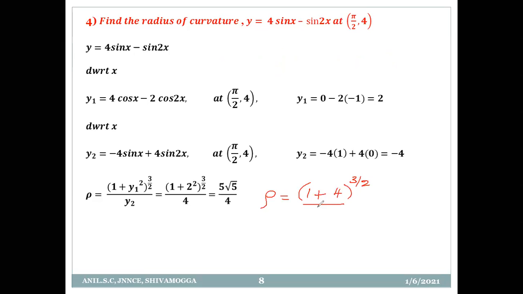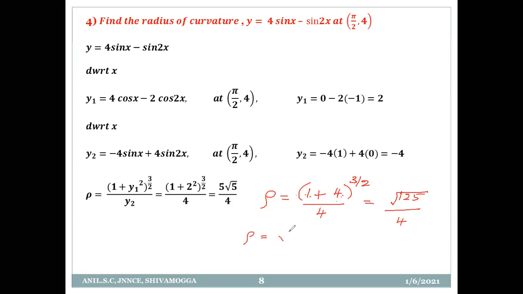Therefore, you can neglect this negative sign and write the magnitude only. That is (1 plus 4) whole power 3 by 2 divided by 4. 1 plus 4 is 5. 5 cube is 125. 125 whole power 1 by 2 is square root of 125, divided by 4.